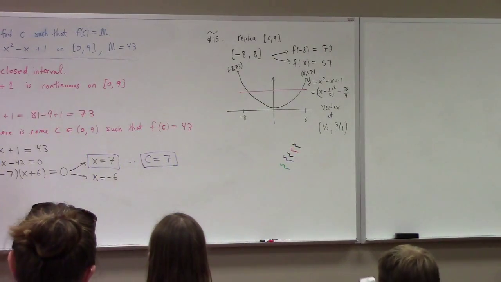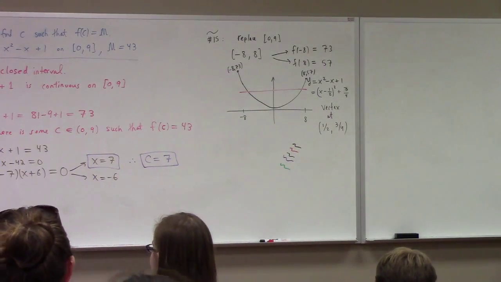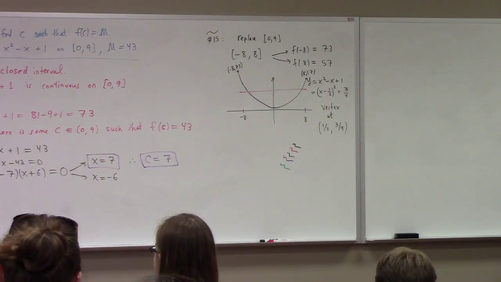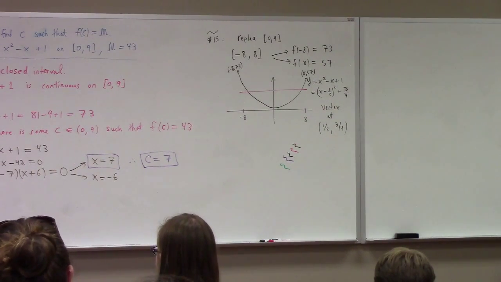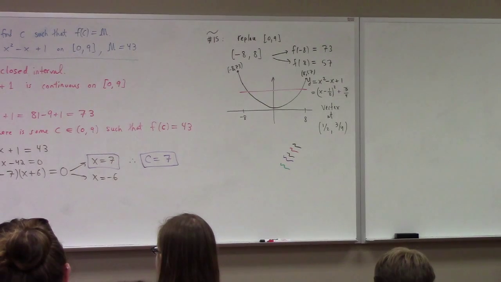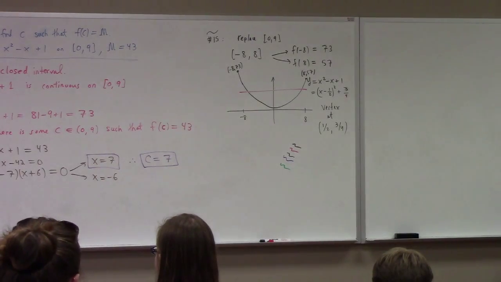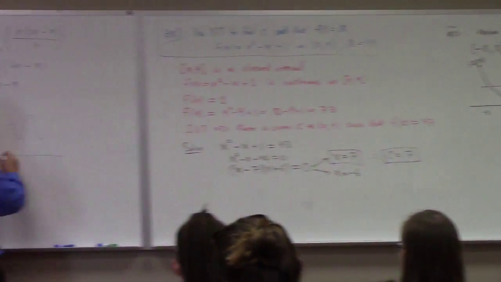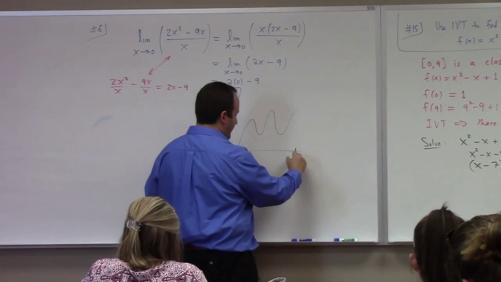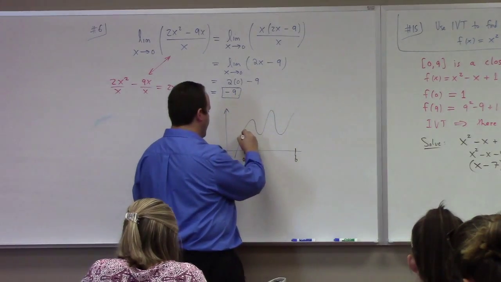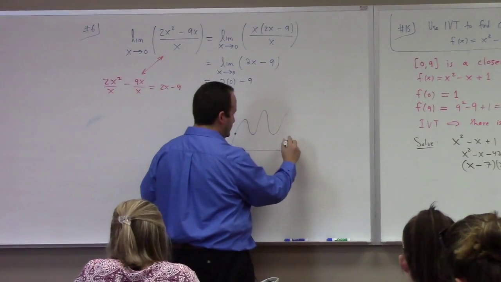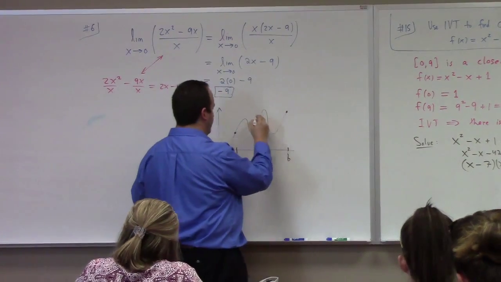So, here, let me give an easier example just graphically. Let's free ourselves of the formulas and just look at this function. You can have a function that looks like this. If you pick, this is a and this is b, so here would be f of a and here would be f of b.